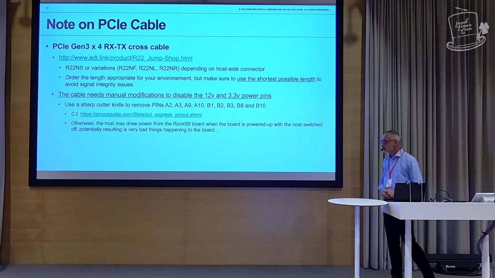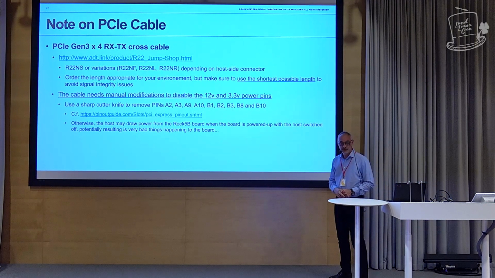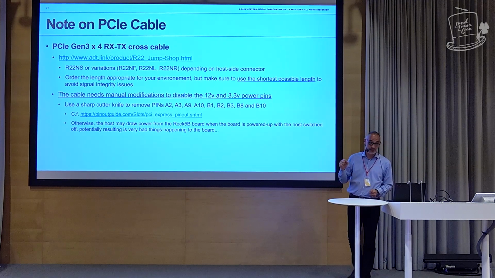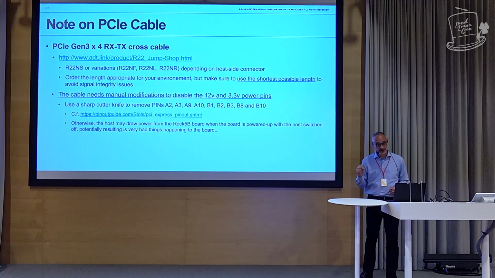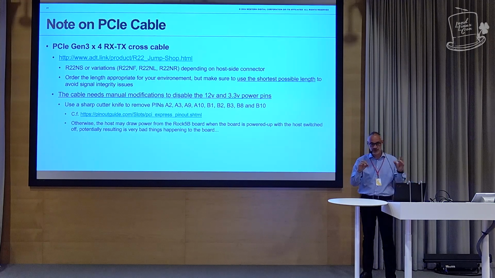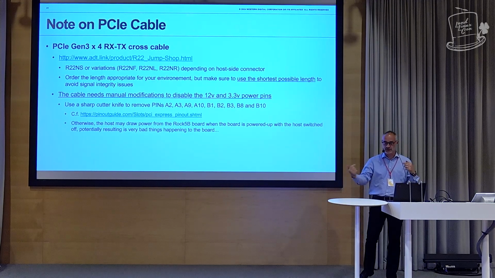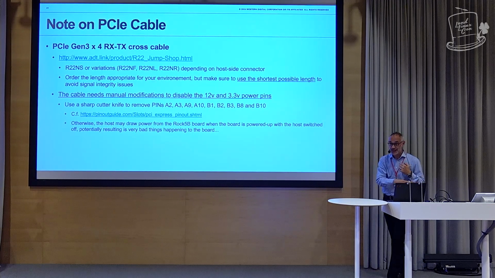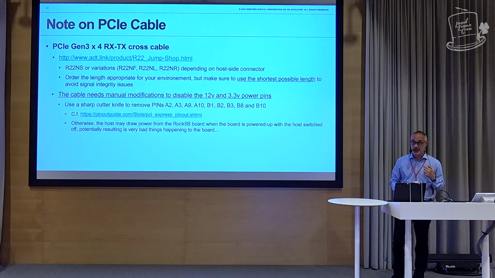There is one gotcha, however: you have to be very, very careful to not use that cable as is, because the cable has the power pins. If you plug that in with the power pins still there and turn on the ROC 5B board, the PC is going to start blinking and the fan's spinning because the power goes there as well. And so you end up having a big PC drawing power from the small ROC 5B board.